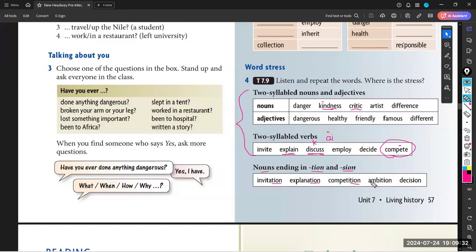We have T-I-O-N. Ambition. We have T-I-O-N. Decision. We have S-I-O-N. So we notice that these nouns end with maybe T-I-O-N or S-I-O-N. Okay? Now, do you have any questions till now?